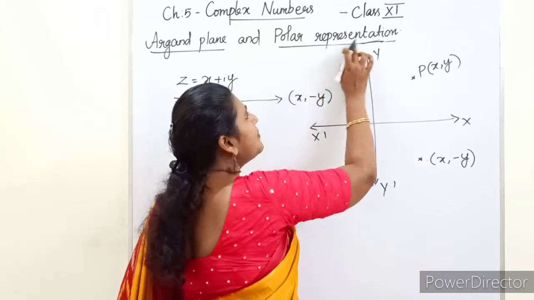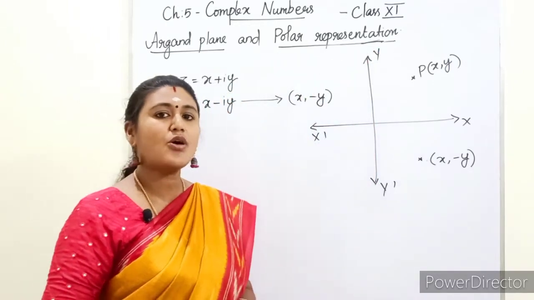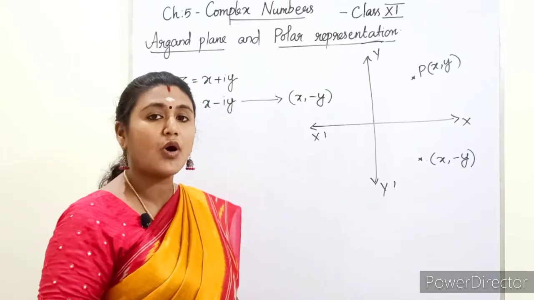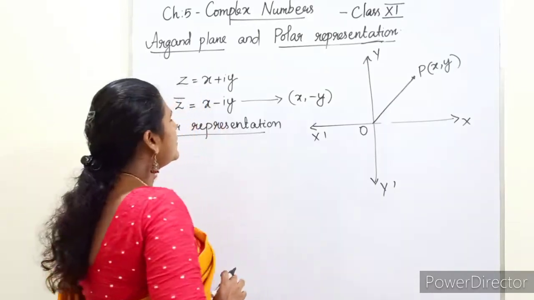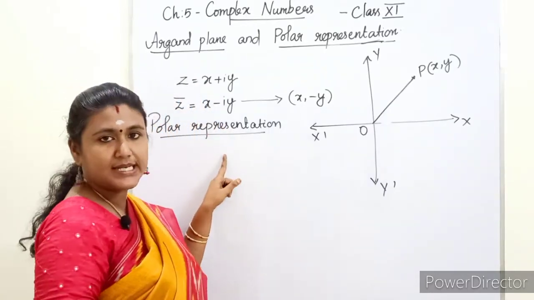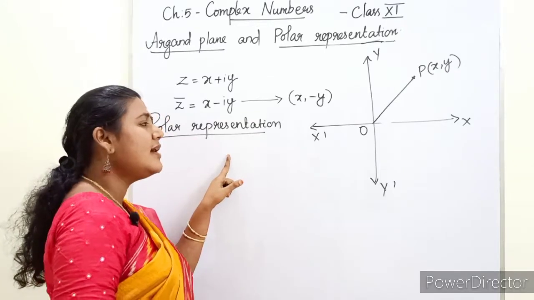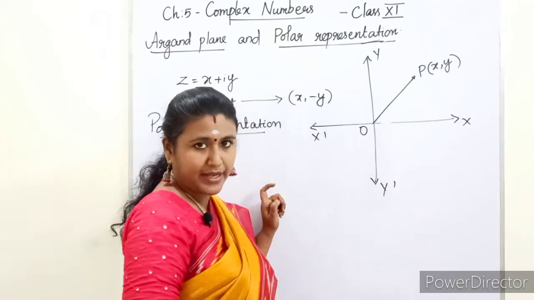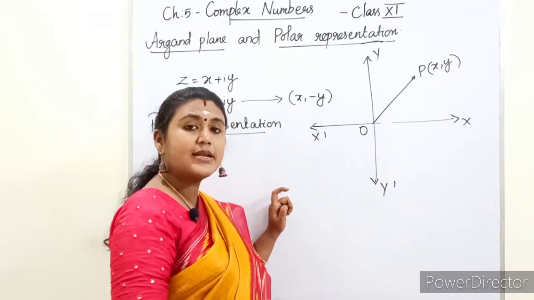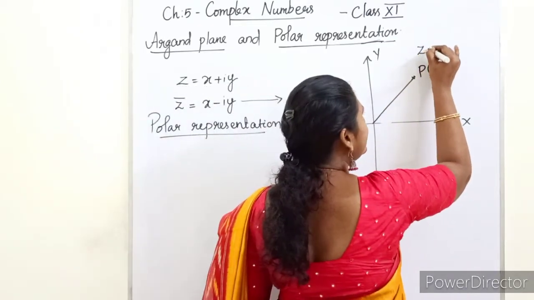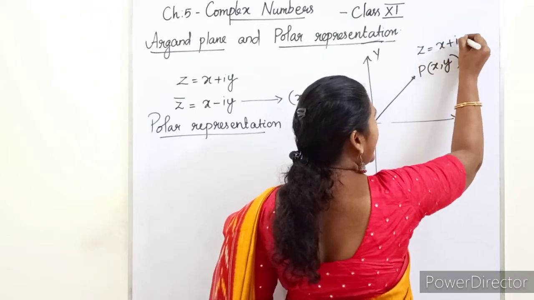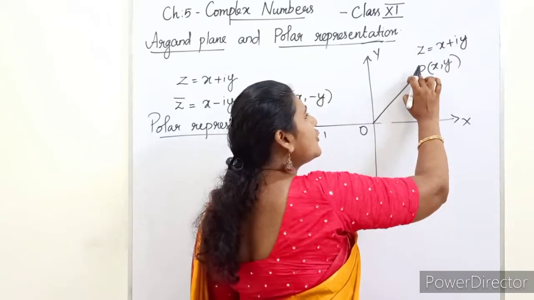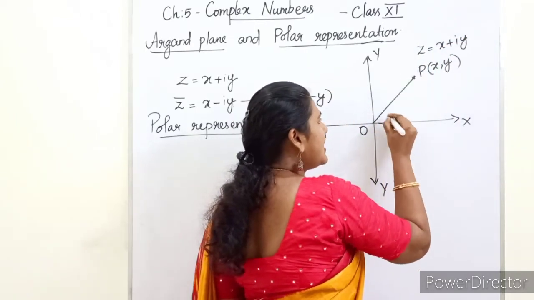Now we will see the polar representation of a complex number. What do you mean by polar representation? We consider a point P(x, y) in the Argand plane. Then the complex number that corresponds to this point is z is equal to x plus iy. The length of this line segment OP is r.